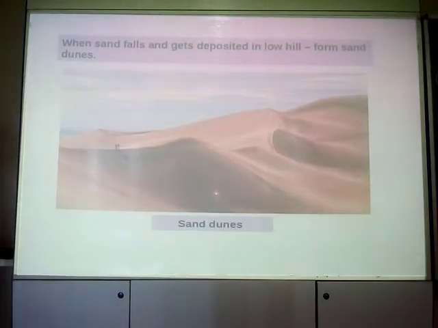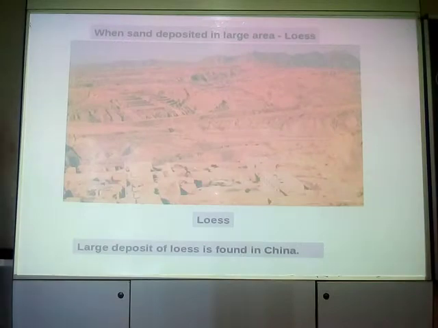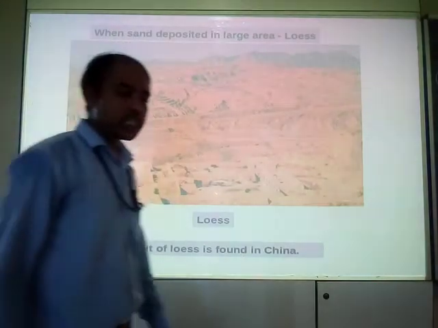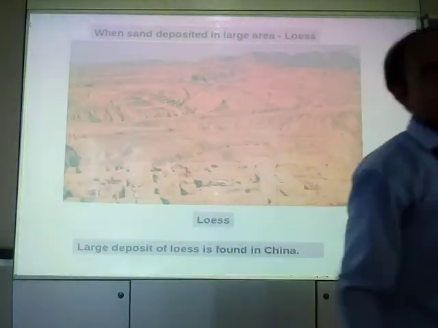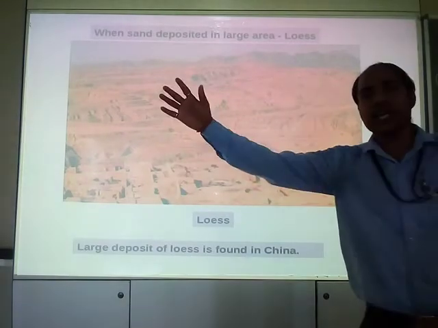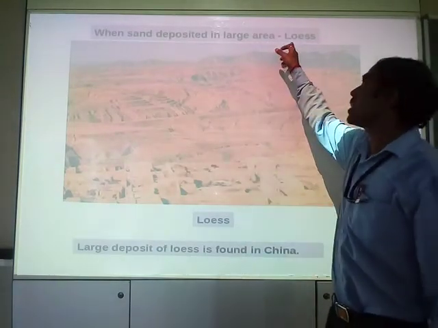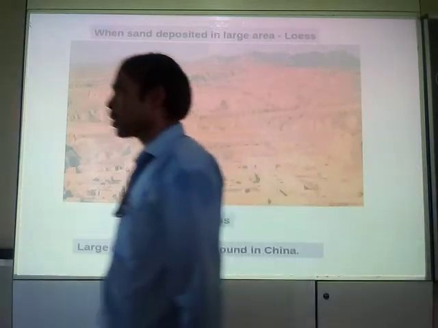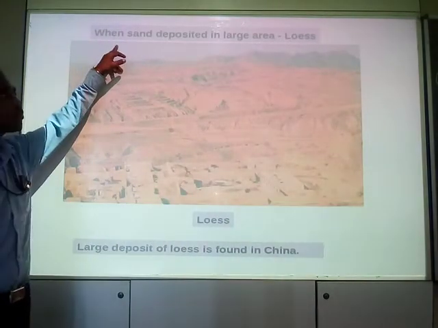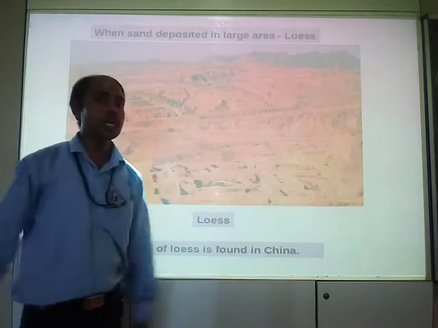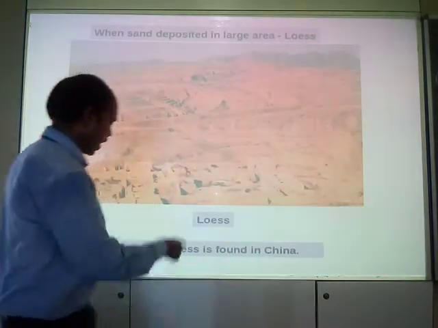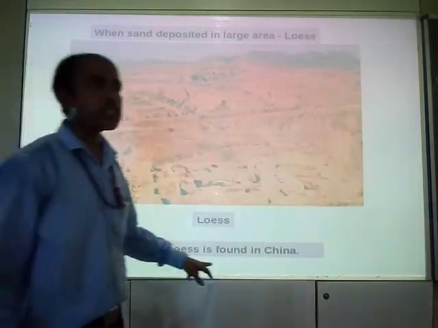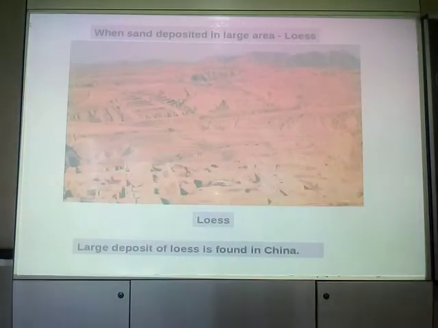Clear? Now, when sand gets deposited in large areas, sand everywhere, you call that area loess. Clear? So when the sand gets deposited in a large area, it forms loess, and a large deposit of loess is found where?